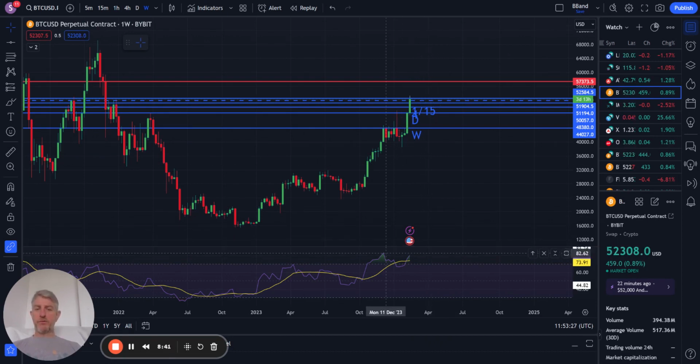It's getting close to there at the moment, but it's not quite there. So there's still potential for bearish divergence on the weekly, but potential is different to absolute, and so do have to remember that. All right, I think I'm going to leave it there for today.